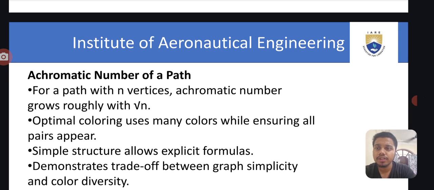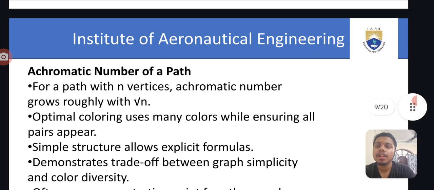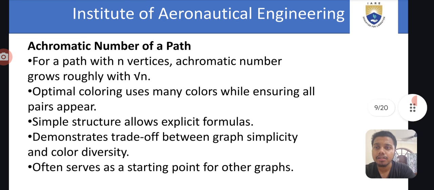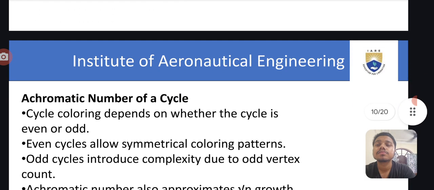The simple structure allows explicit formulas, demonstrates the trade-off between graph simplicity and color diversity, and often serves as a starting point for other graphs.